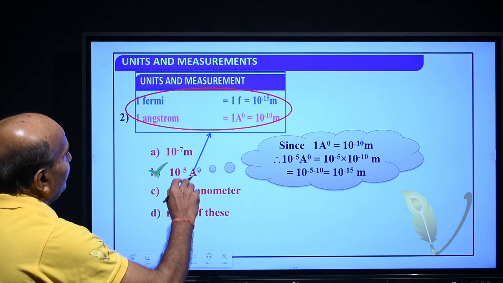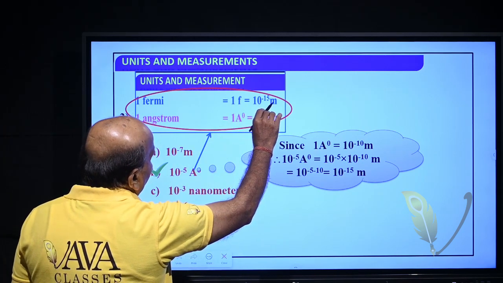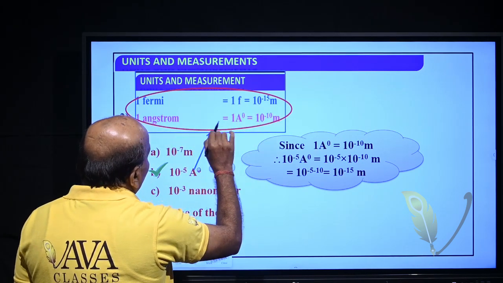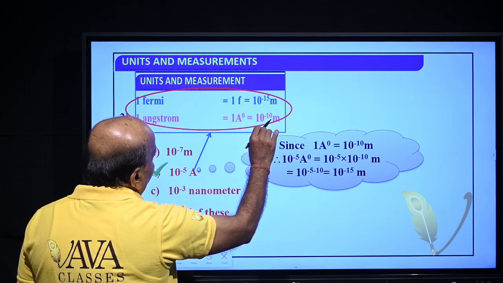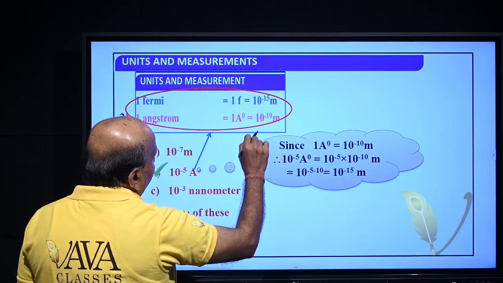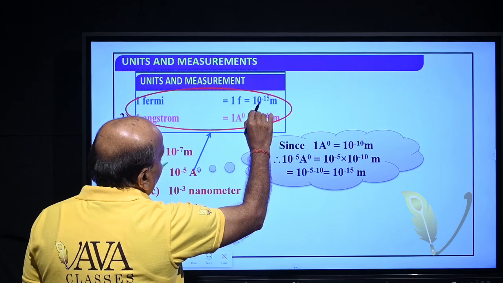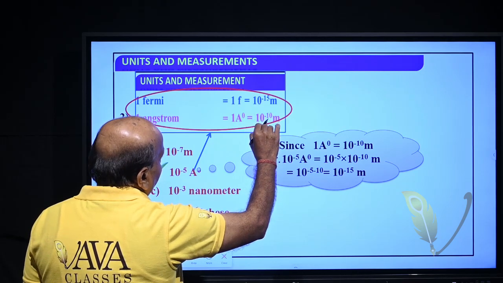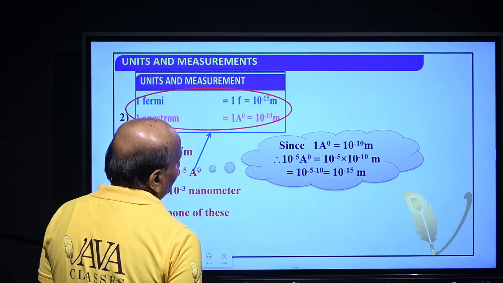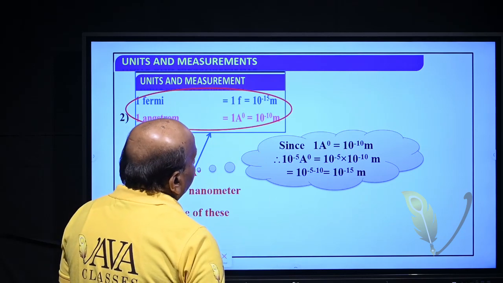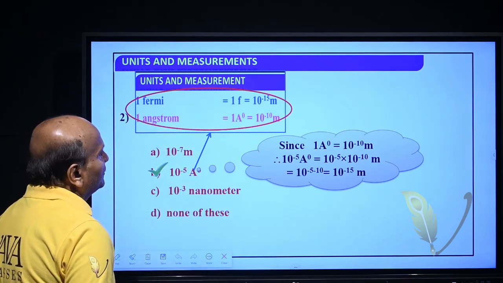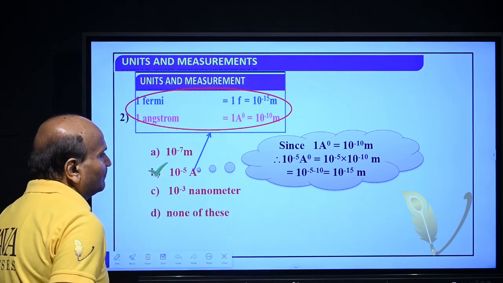Because 1 Fermi is 10 to the power minus 15 meter and 1 angstrom is equal to 10 to the power minus 10 meter. When we divide, it will be 10 to the power minus 15 divided by 10 to the power minus 10. When it goes to the denominator, it becomes plus 10. Then minus 15 plus 10 is equal to minus 5, so 10 to the power minus 5 angstrom.